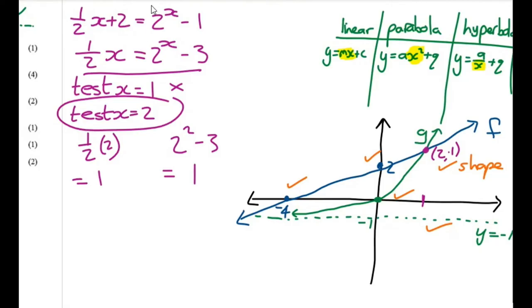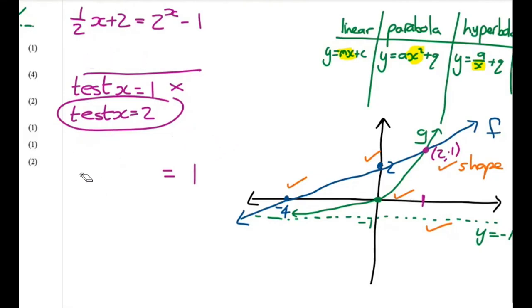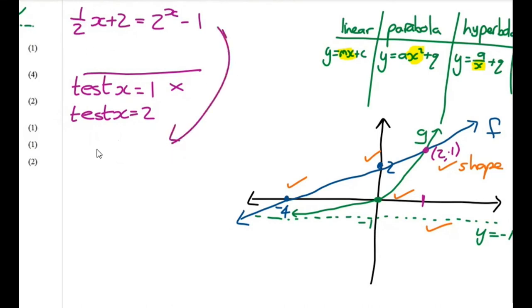Apologies. We're going to substitute in there. We're going to have a half times 2 plus 2, which is going to give me 3. That makes a lot more sense. 2 to the power of 2 minus 1. That also gives me 3.